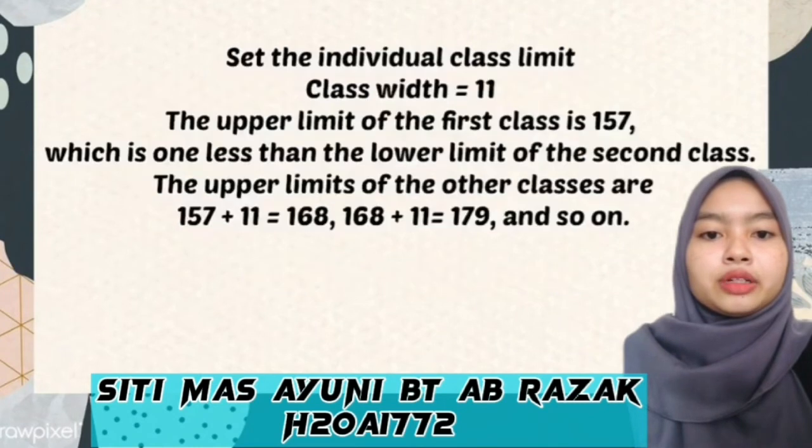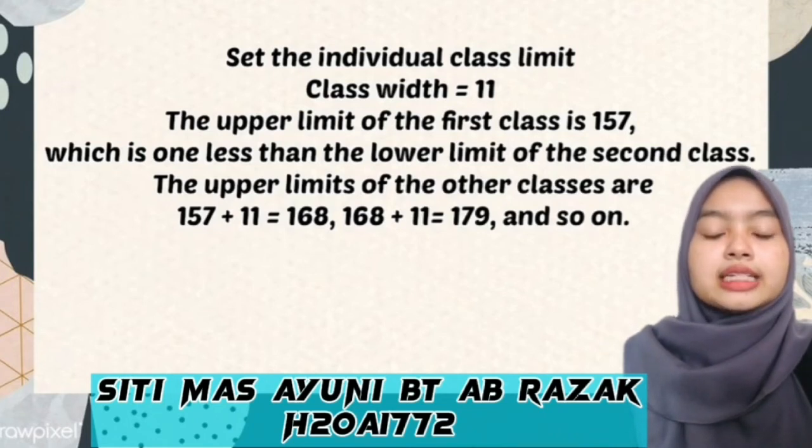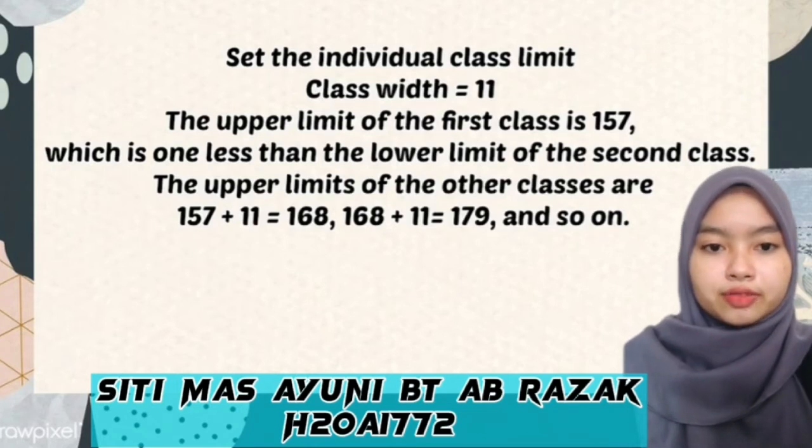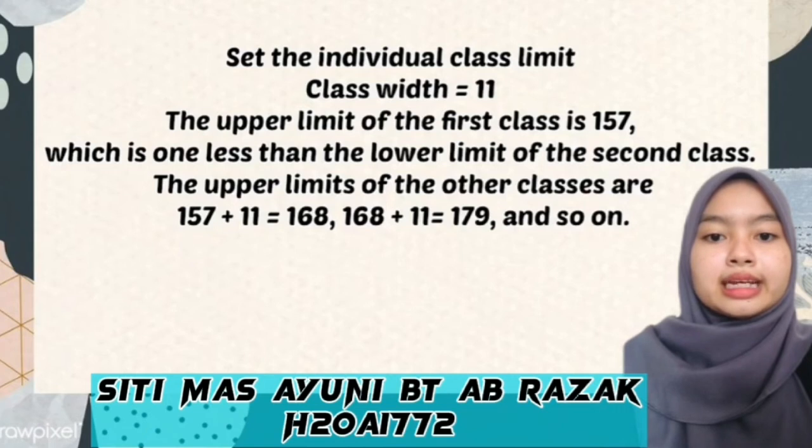Set the individual class limit. Class width equal 11. The upper limit of the first class is 157, which is one less than the lower limit of the second class.